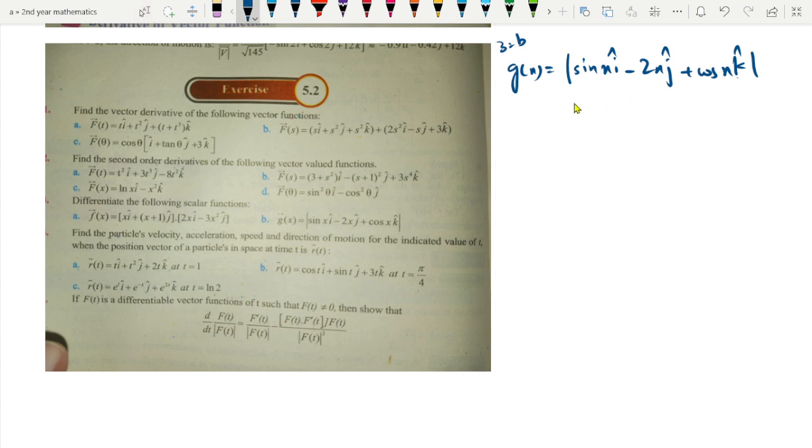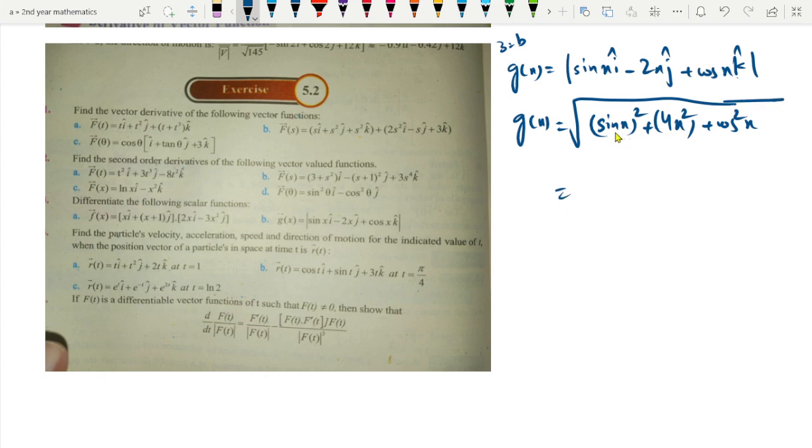So this will become g of x is equal to under root of sine square x plus 4x square plus cos square x. So sine square plus cos square is equal to 1, and this will become 1 plus 4x square under the root.